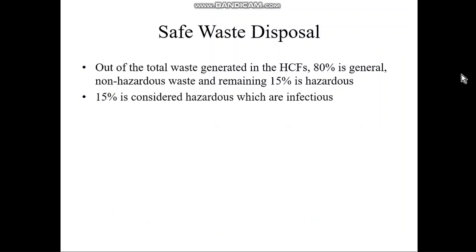Now, safe waste disposal is another very important component of standard precautions. Out of total waste generated in healthcare facilities, 85% is general, non-hazardous waste, and the remaining 15% is hazardous according to WHO, and might be infectious.